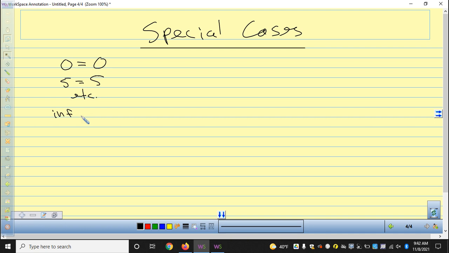When we get something that is always true, we get an infinite number of solutions. And when we get an infinite number of solutions, what that's telling us is that those two equations are the same line.